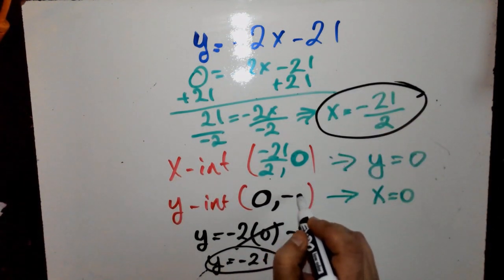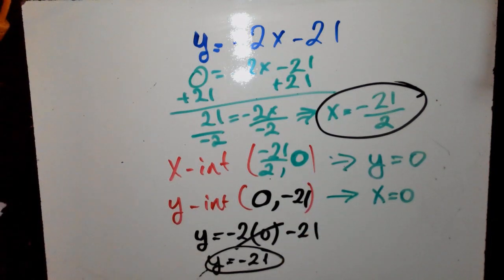Because it's asking me to solve in coordinates, I'm writing my x-intercept and y-intercept in coordinate form, x and y. When x is negative 21 over 2 and y is 0, that's my x-intercept. When y is negative 21 and x is 0, that's my y-intercept.